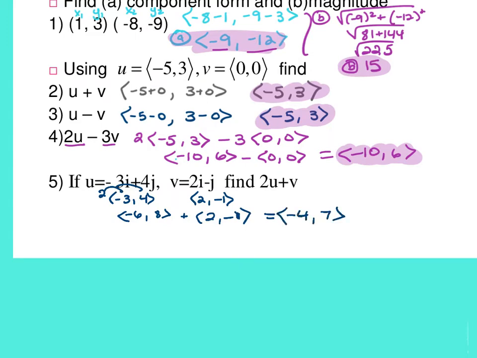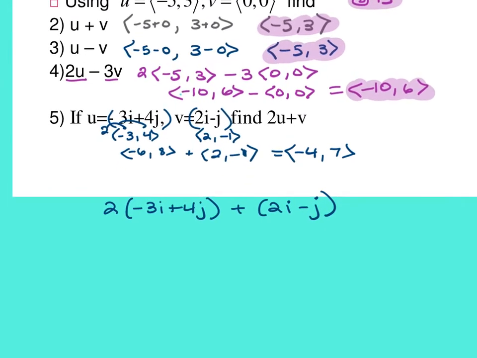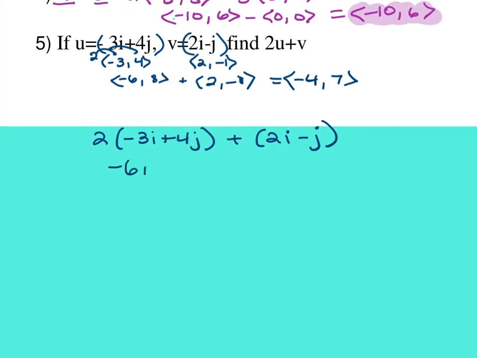Or you can treat them just like expressions. So I can say 2 times negative 3I plus 4J, plus 2I minus J. I distribute: negative 6I plus 8J plus 2I minus J. Negative 6 plus 2 is negative 4I, and positive 8 minus 1 is positive 7J.